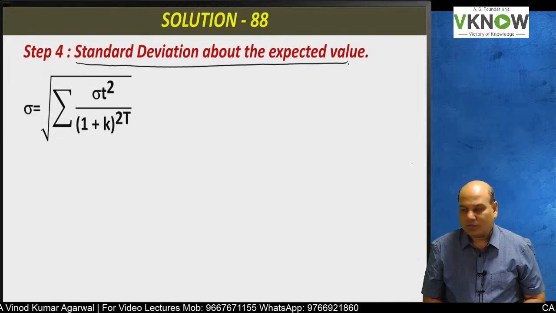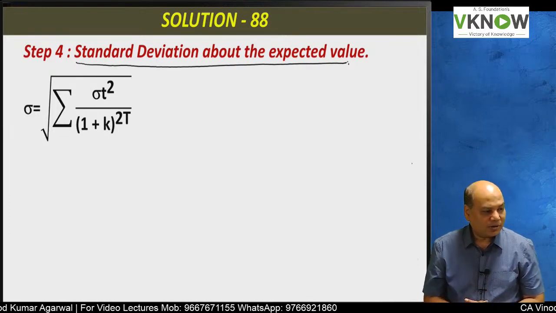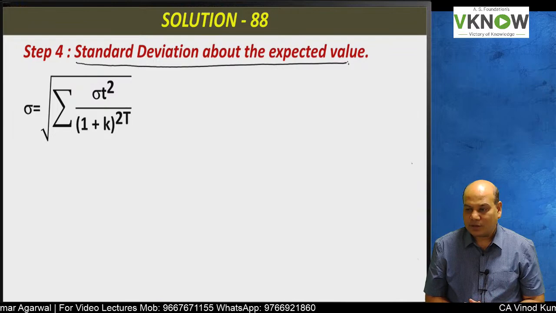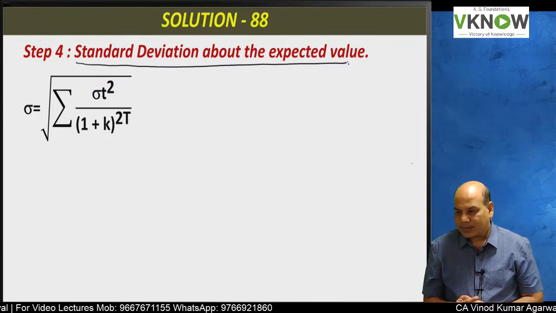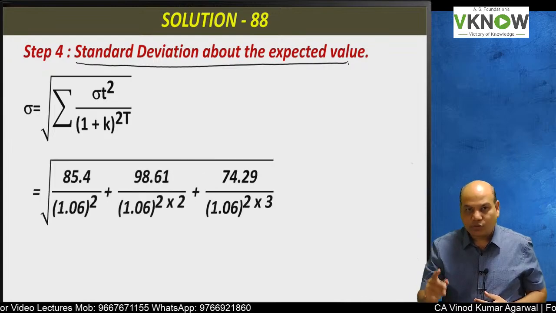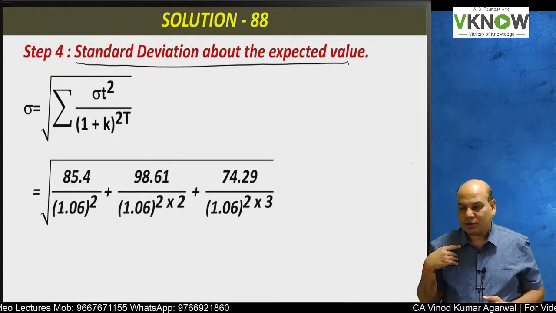This is the formula given by Hillier. It requires some mathematical process to derive the formula, not in the scope of our syllabus. Now please learn how to put the values, that is in our scope.